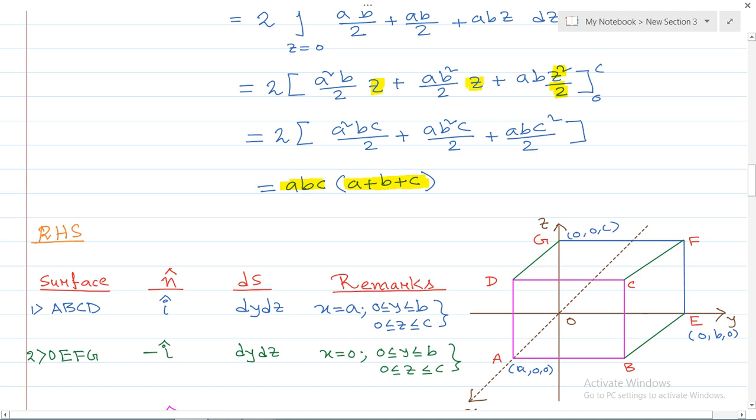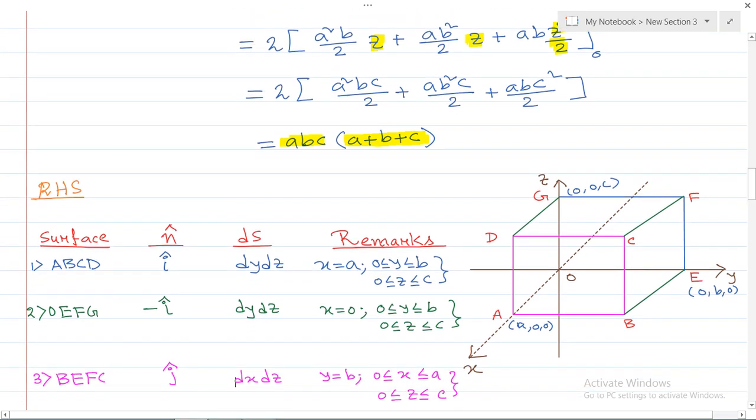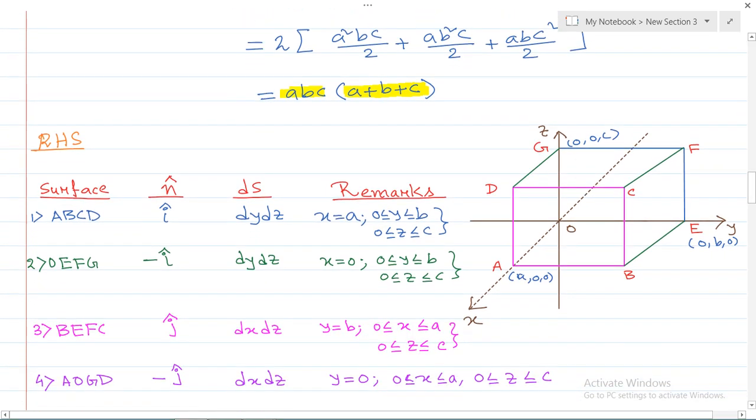Now we have to perform the surface integration. So how to do this? This is the most important part of this problem. So to do the surface integration, first of all we have to draw the diagram of the space or the volume that is provided to us. So here it is the x-axis, here it is the y-axis, and here it is the z-axis.